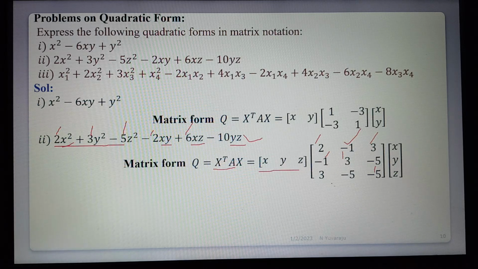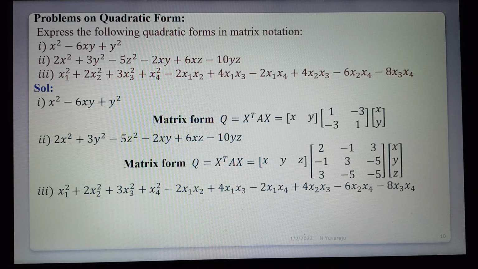Next, a13 and a31, the xz coefficient. Next, -5 and -5, the yz coefficient. We should take half: half of the xy coefficient, half of the xz coefficient, half of the yz coefficient, half of all of them. Those are the elements. This is the matrix, and this is x, the column matrix of unknowns.